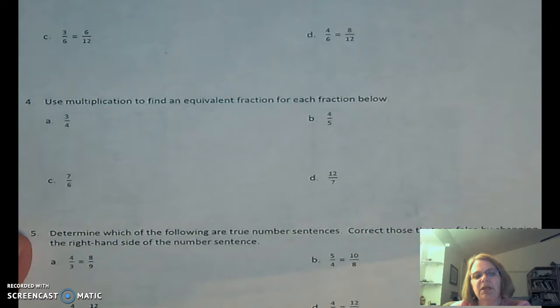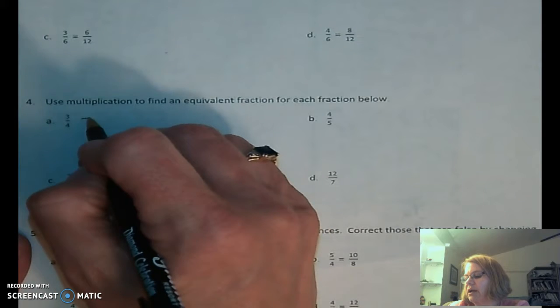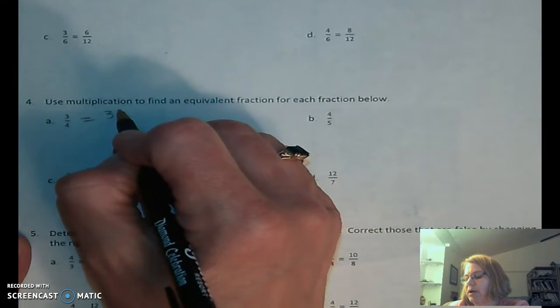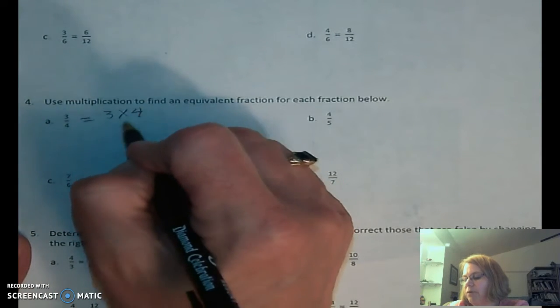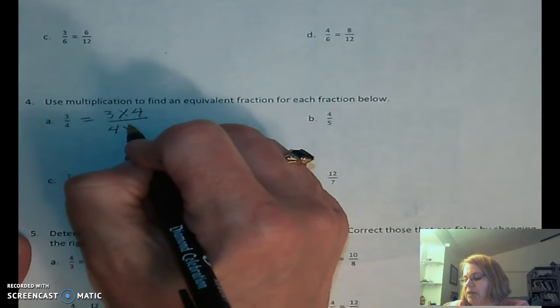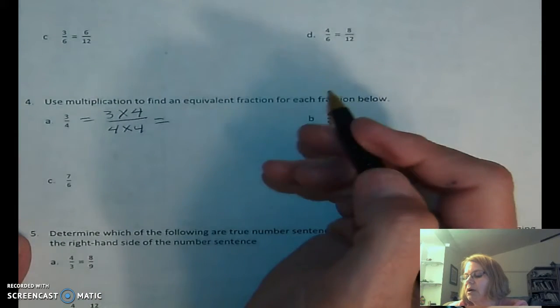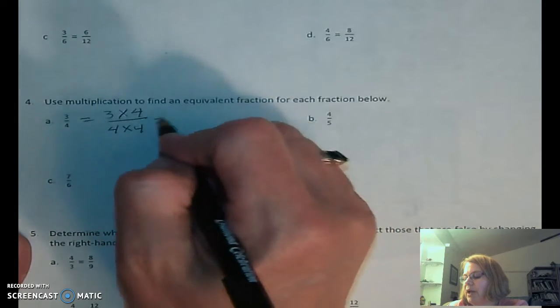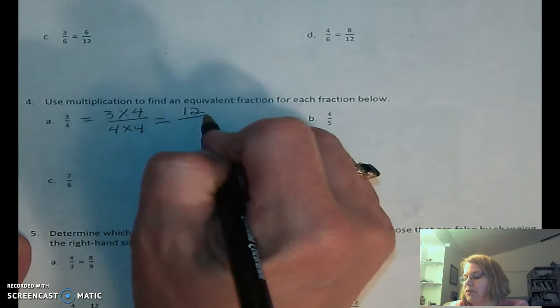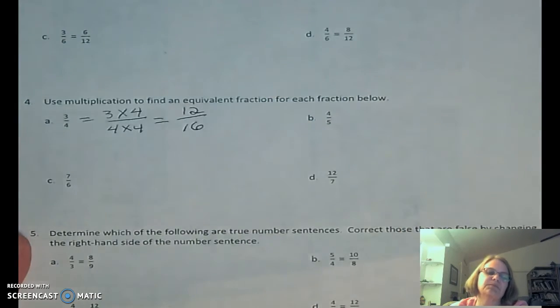It just says making an equivalent fraction. Well, I know that if I take the top number and multiply it by 4, I have to do the same thing with the bottom number. And I would have 12/16. And you can make an area model if you need to understand that.